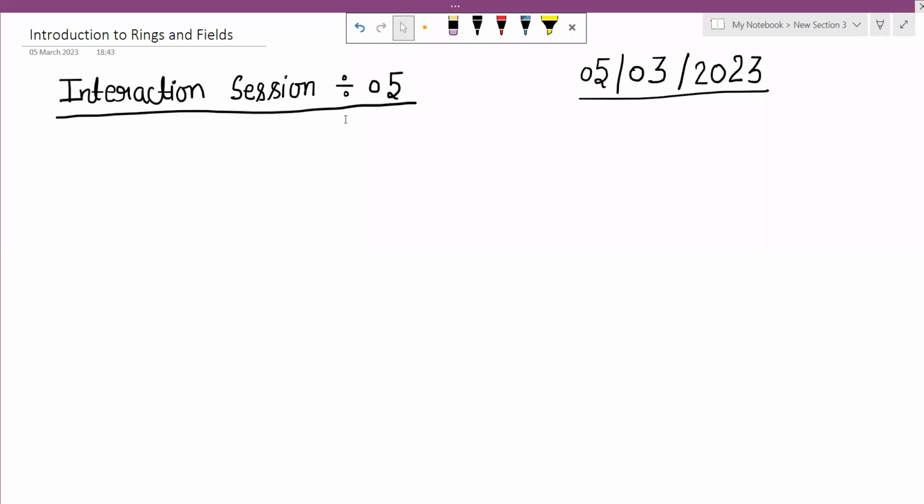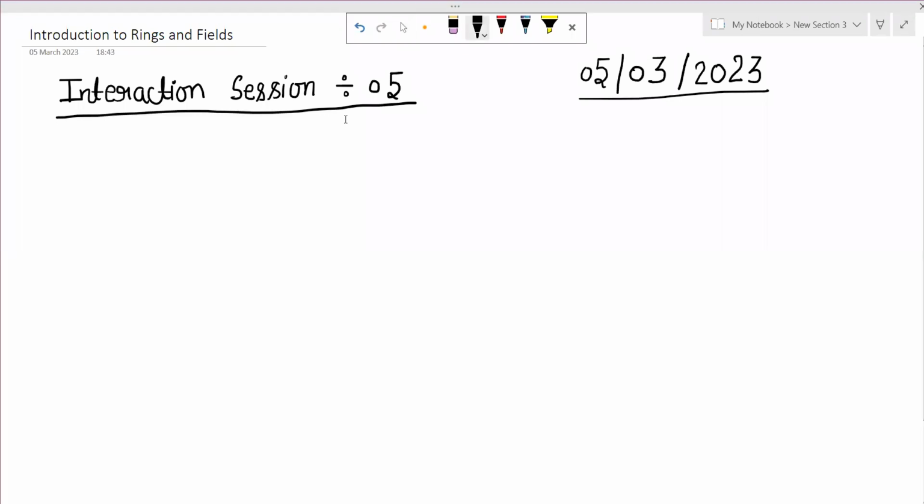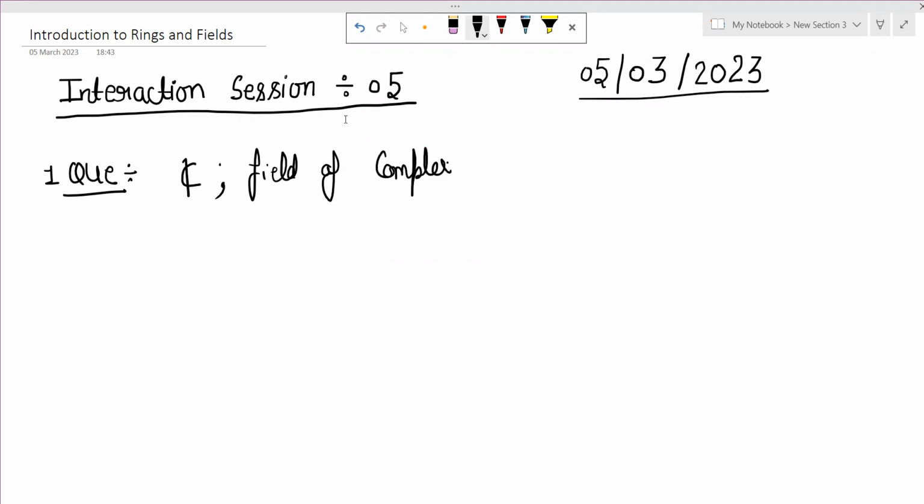What is the question? Let C be the field of complex numbers and Q be the field of rational numbers.